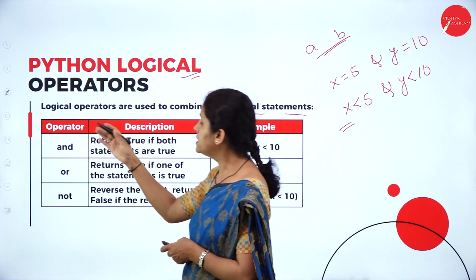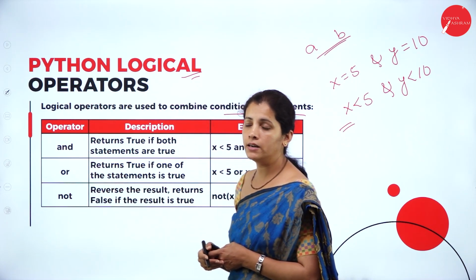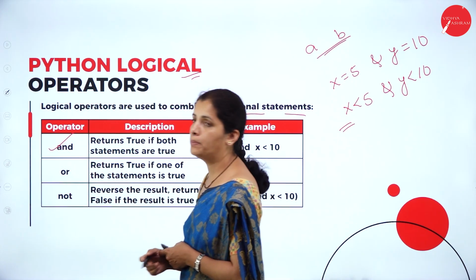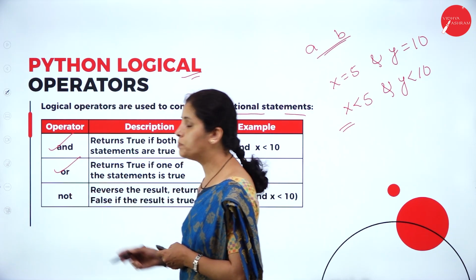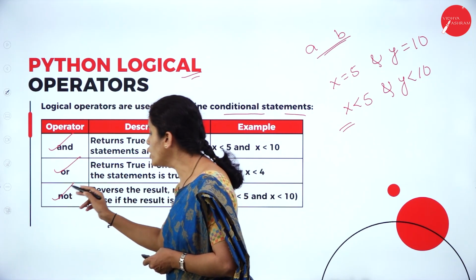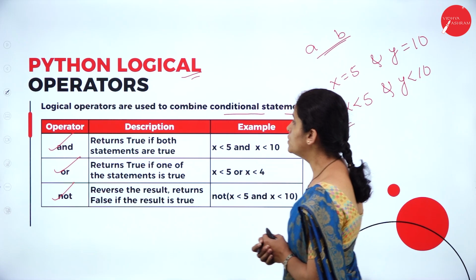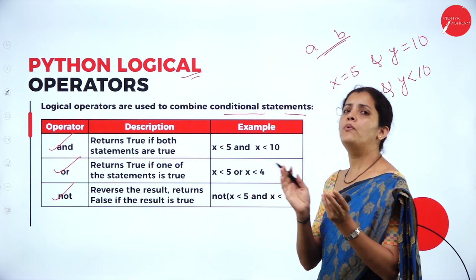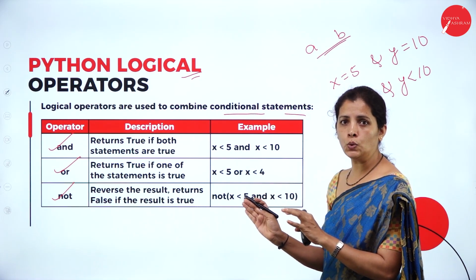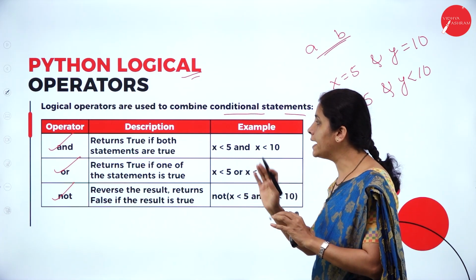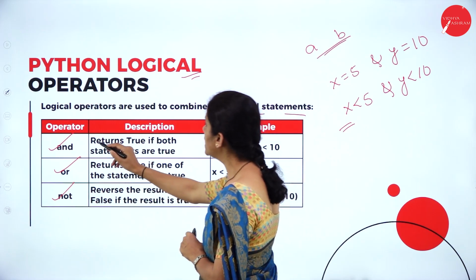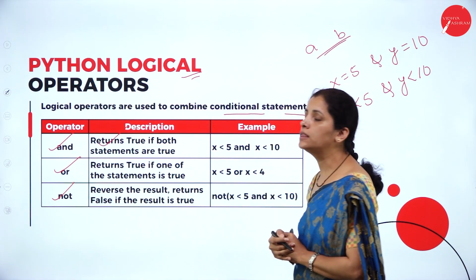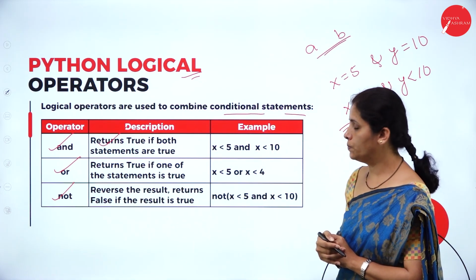See here, which are the operators I have here? That is AND operator, OR operator, and NOT operator. So if I go with AND, if both the conditions are true, then only I will get true. See here, returns true if both the statements are true.